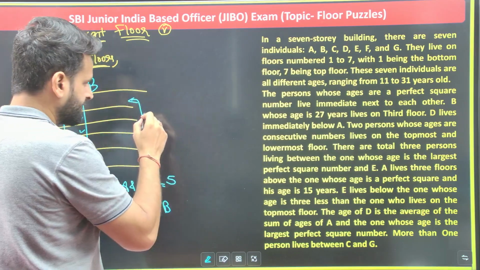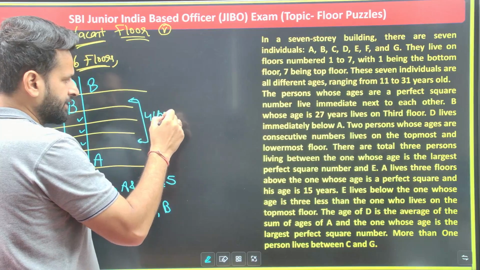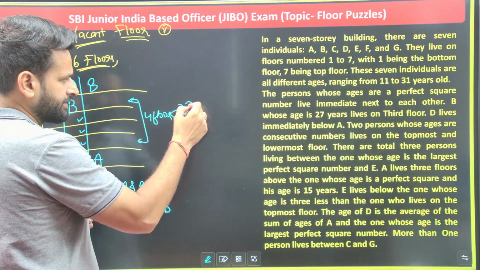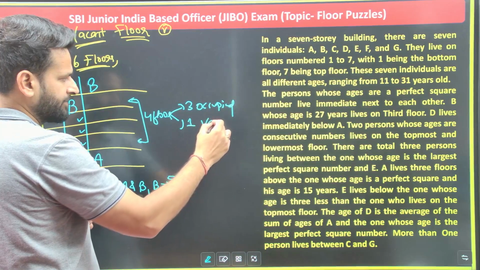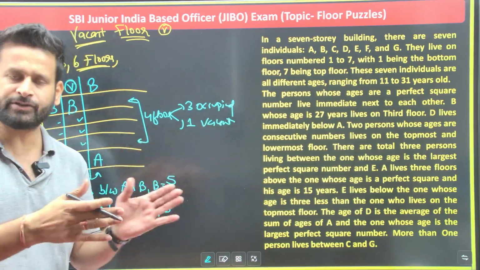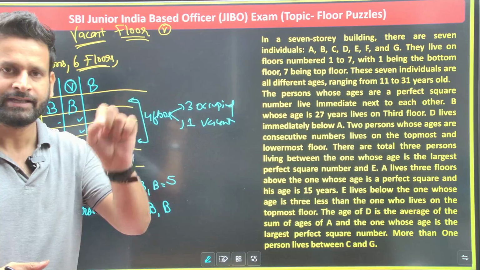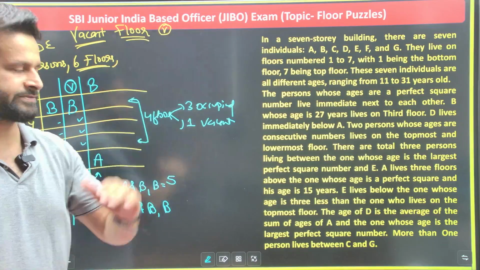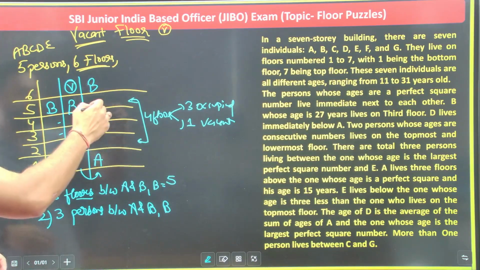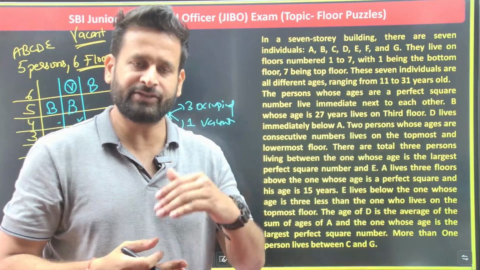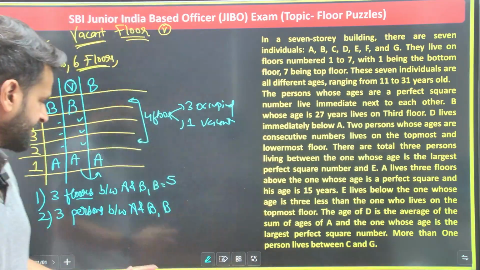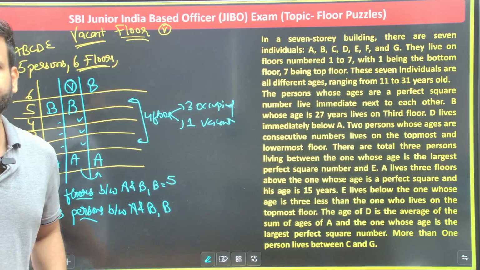You have 4 floors. Out of those 4 floors, 3 will be occupied and any one will be vacant, because the vacant floor also I need to place. Now I need to write somewhere that this floor is vacant. 1, 2, 3, 4, 5, 6. This is the second case. Out of these 4 floors, any one will be vacant, and on the remaining 3 floors persons will be there. 3 persons between A and B.